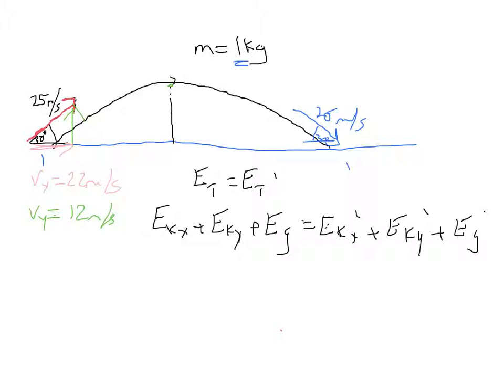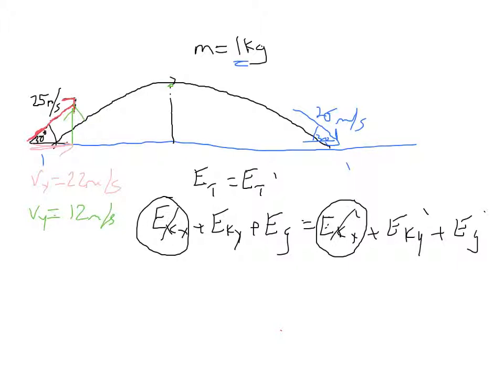Well, my Ekx, I know that velocity doesn't change throughout the whole projectile because there's no force acting, no work is being done, so the energy is not changing. So the Ekx before and the Ekx after, or anywhere along this projectile, is always going to be the same value. Effectively, they cancel each other out, and I don't have to worry about them.